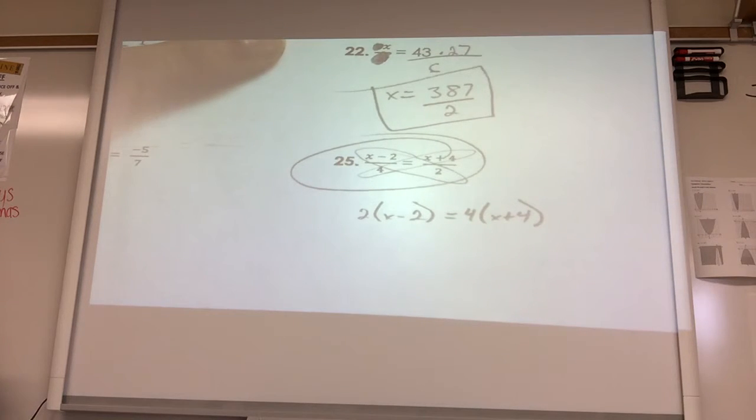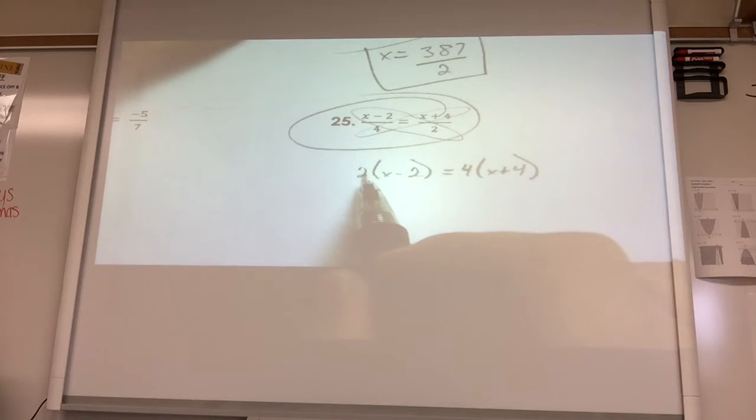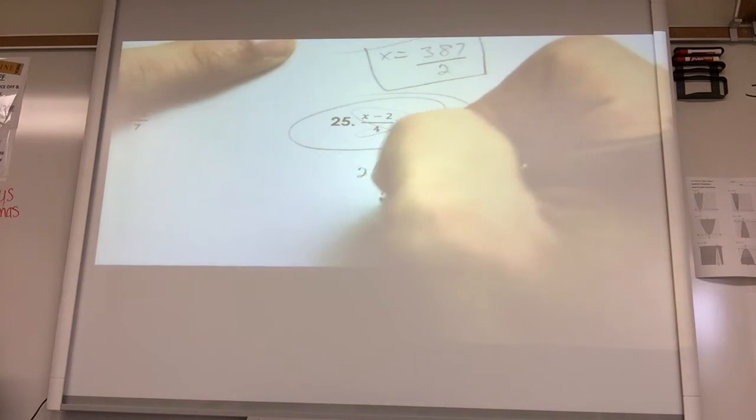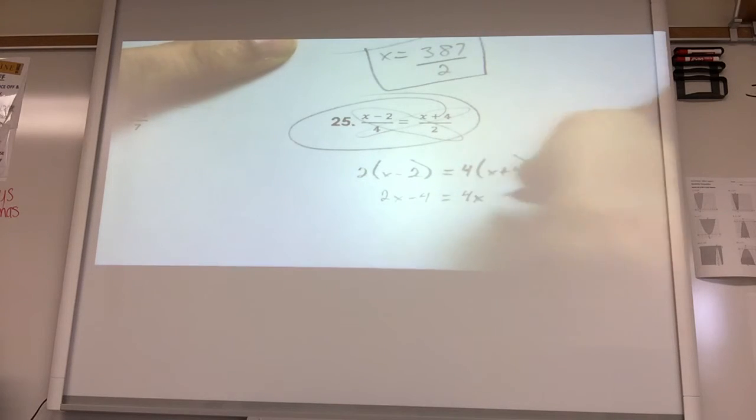Everybody good with that from cross multiplying? Yes. Okay. I would distribute. So I would have 2x minus 4 equals, and again, this is not the easiest way of doing it. It's the easiest way of explaining it, I think.